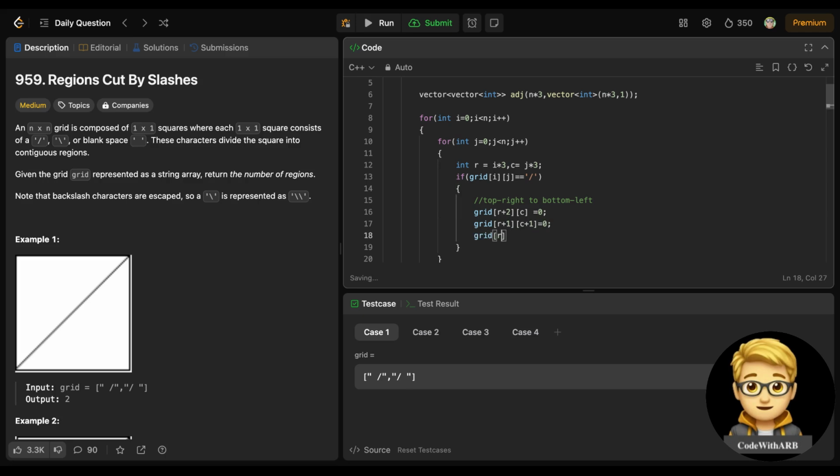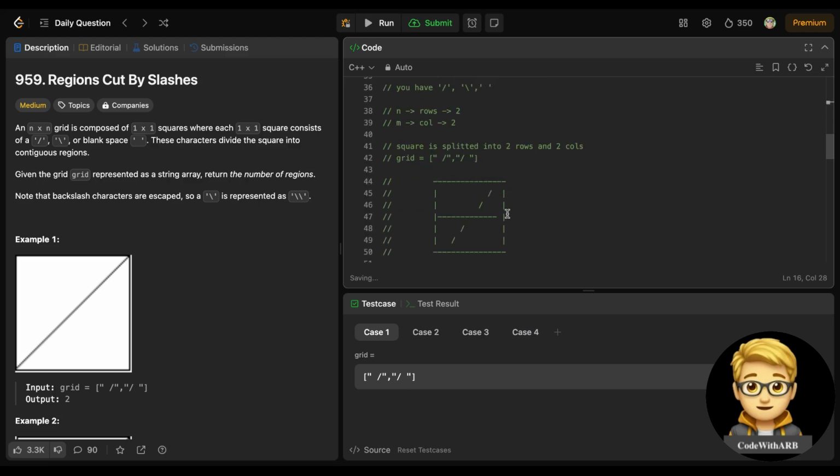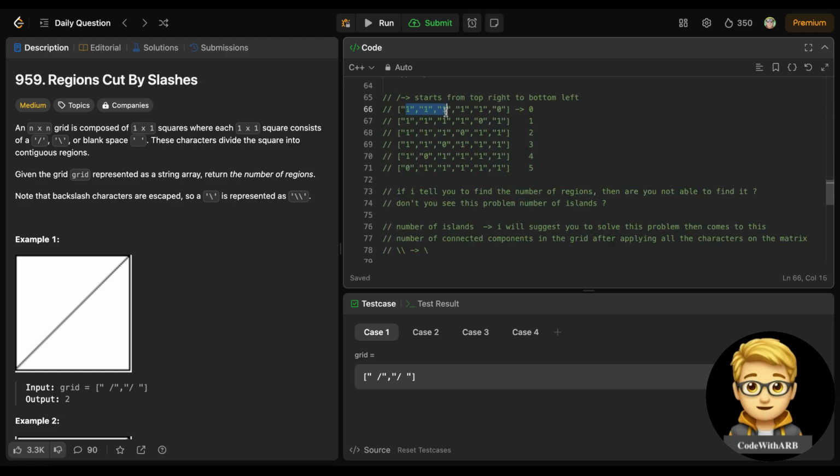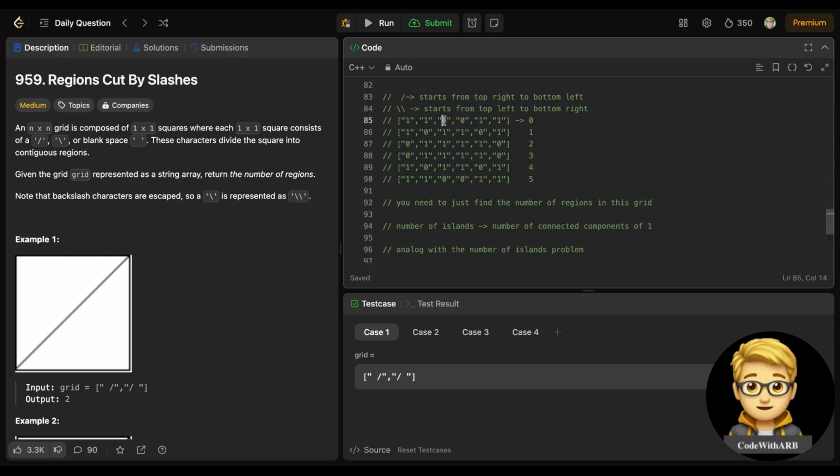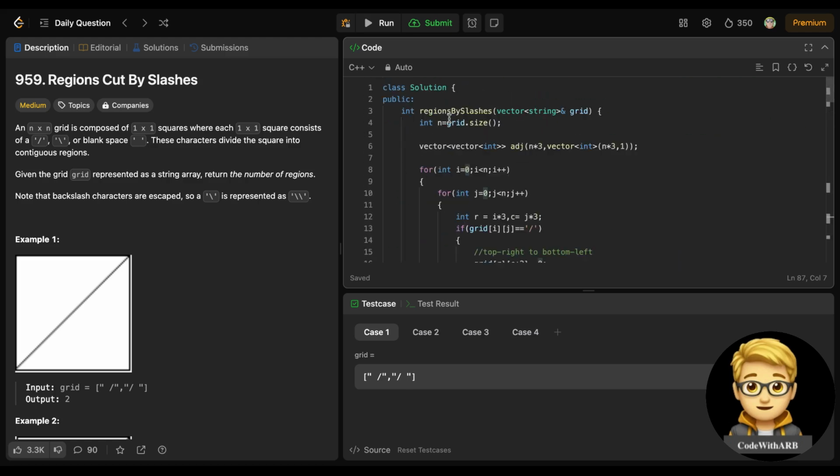The third will be grid r plus 2, c, marked as 0. So this is marked as r plus 2, c; then r plus 1, c plus 1; and r, c plus 2, the same column but after the second row. This is marked as forward slash.